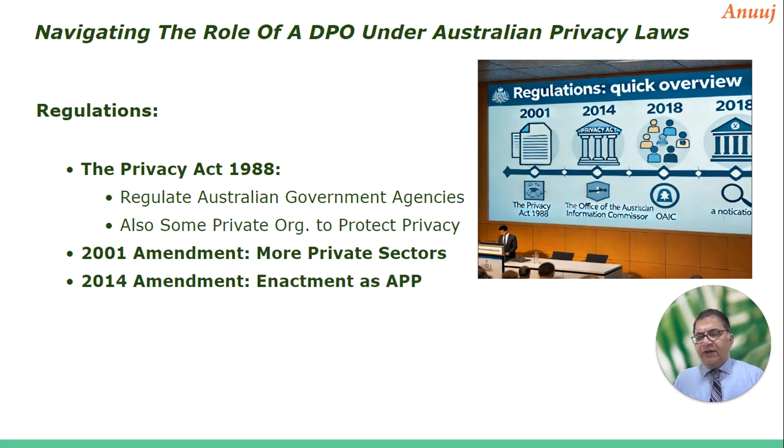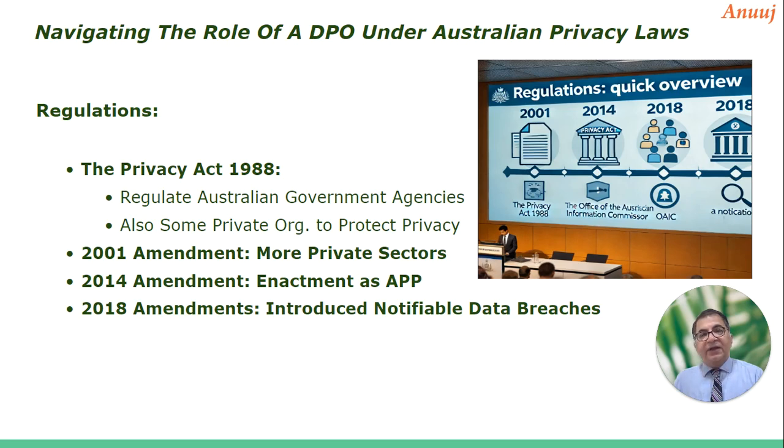In 2014, they enacted APP, the Australian Privacy Principles. There are around 13 principles that govern how the entire system is going to work. And from those principles, we are going to talk about DPO, as we are currently talking about the DPO series. We are not getting into the details of the Australian law as such.